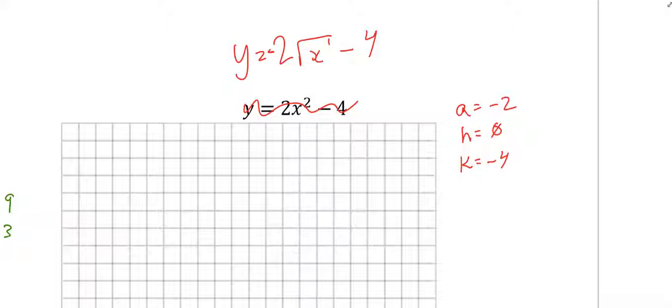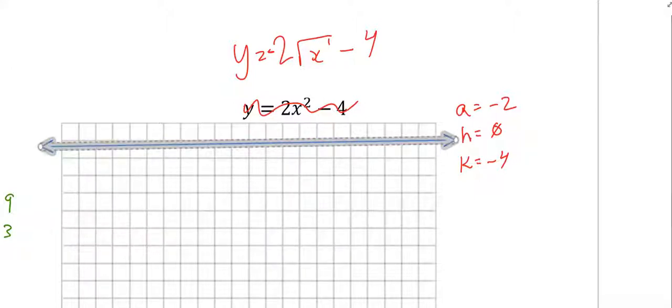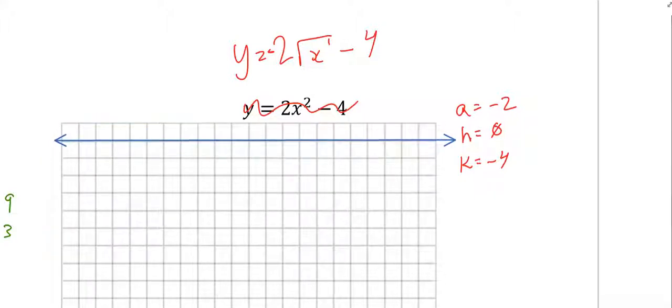So when I make my axes, I think I can make them like this, up kind of nice and high, and I can make them over to the side like this.